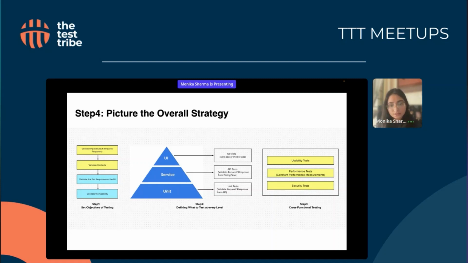Now there is a misconception that at the service test we can only cover the API test, which is not so. At the service level or at the integration test level, we can add the API tests, which are basically REST or GraphQL in nature. Second one is the Kafka related test, because with that also we are going to check the integration.